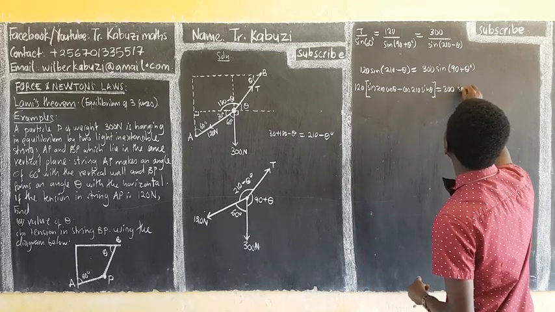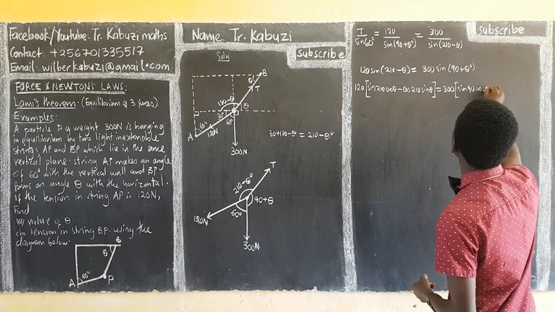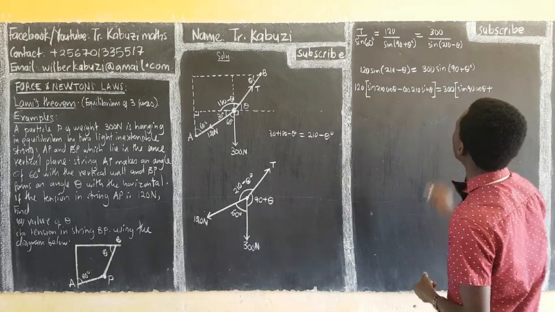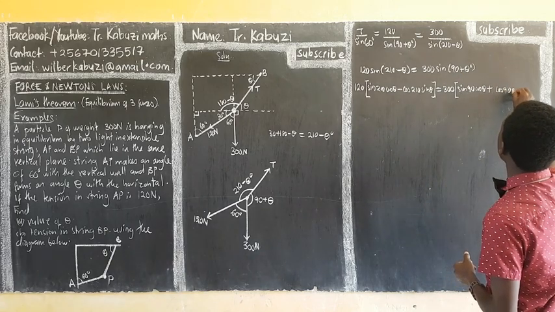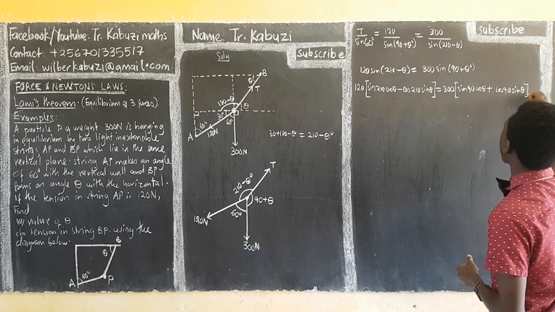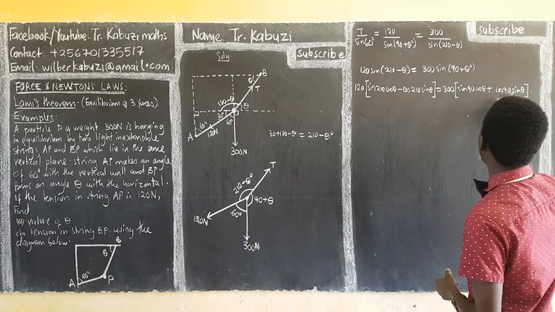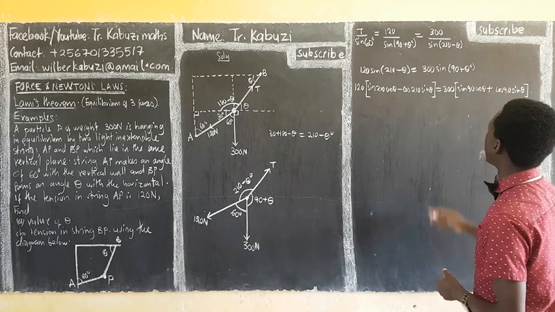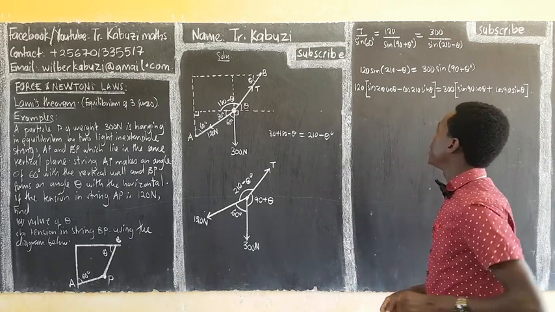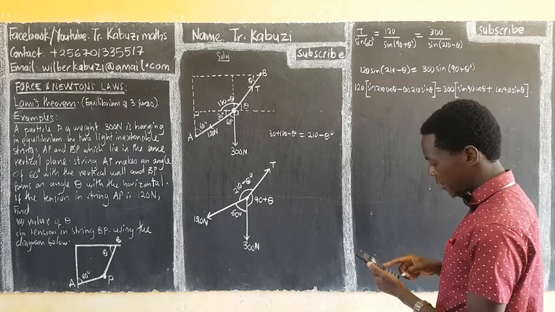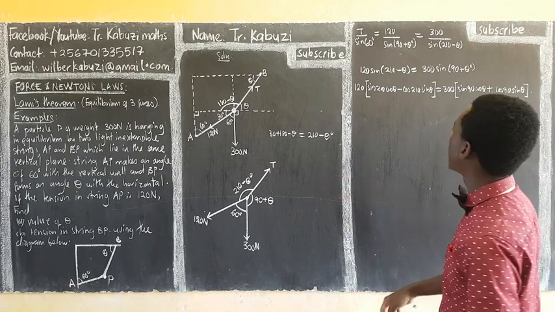We expand this: sine 90 cos theta plus cos 90 sine theta. You know that sine 90 is 1 and cos 90 is 0. Then you can replace sine 210, which is negative 0.5 because it's in the third quadrant.